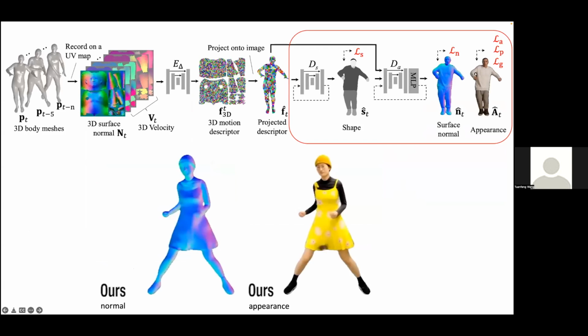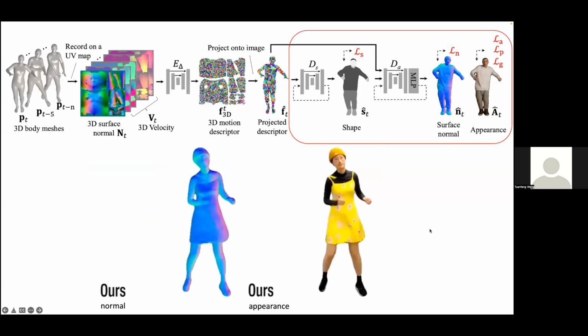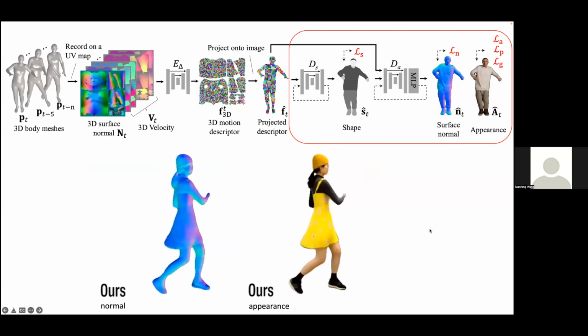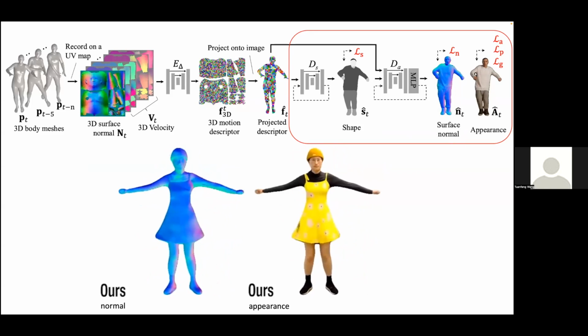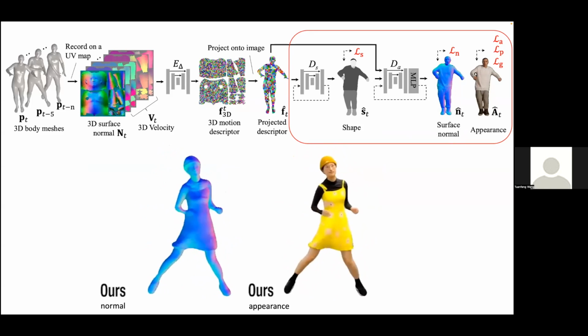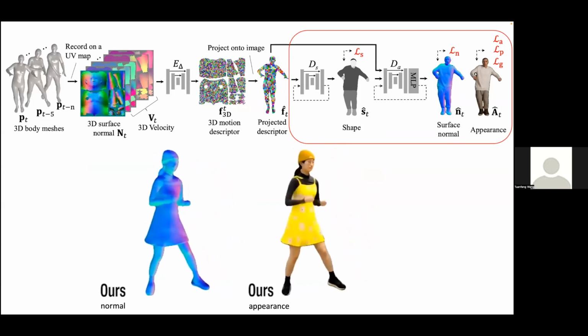To give more details, instead of directly working on the final RGB appearance, we're also having the body parsing as well as the normal map synthesized at the same time. We find that having this side task also helps us to learn a better appearance synthesis, especially for the challenging cases with 3D rotation.